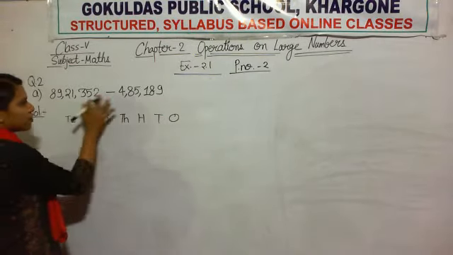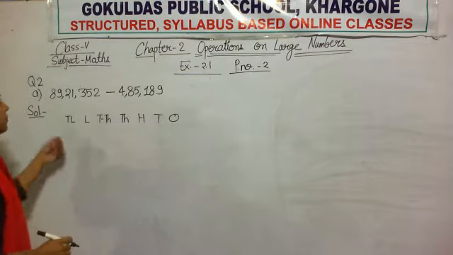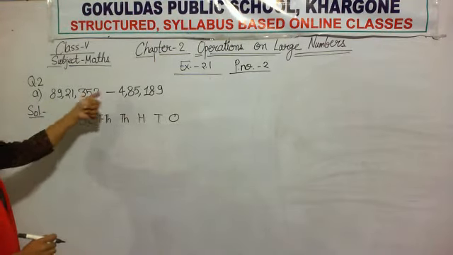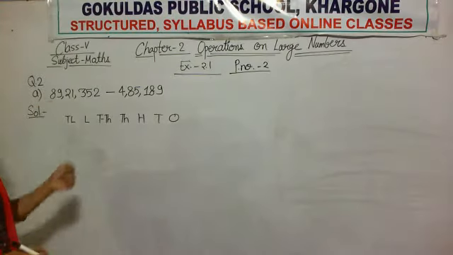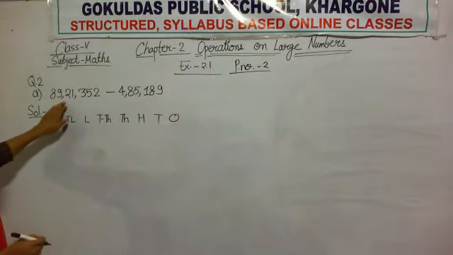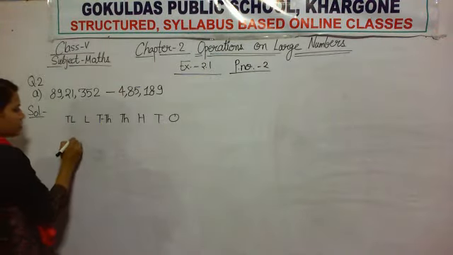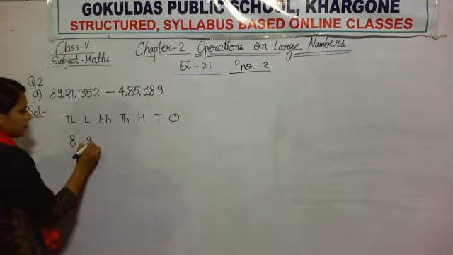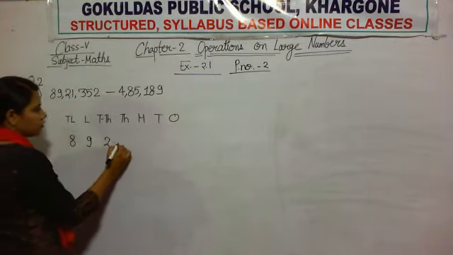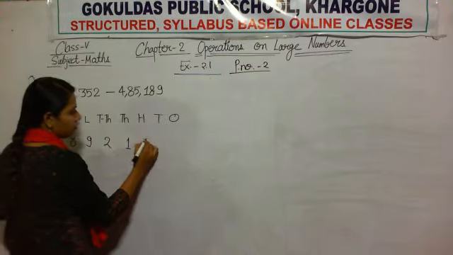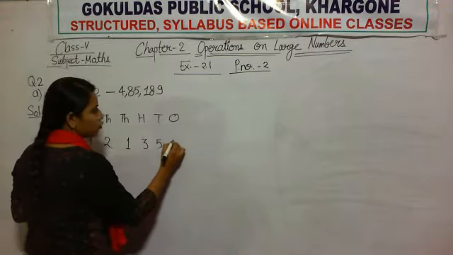Okay, let me write which one is the larger number. It is starting from the 10 lakhs place and the other is starting from the lakhs place. So obviously the first number is the larger number here, so I will write it first. 89 lakh, 21,352.